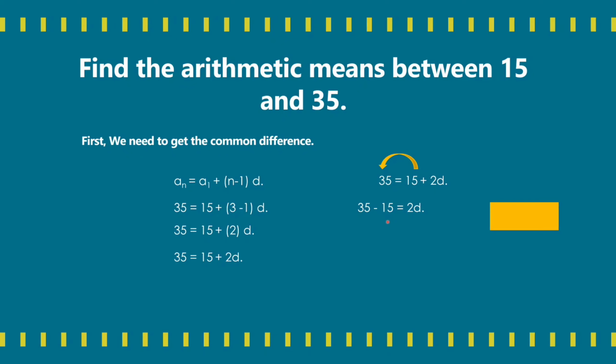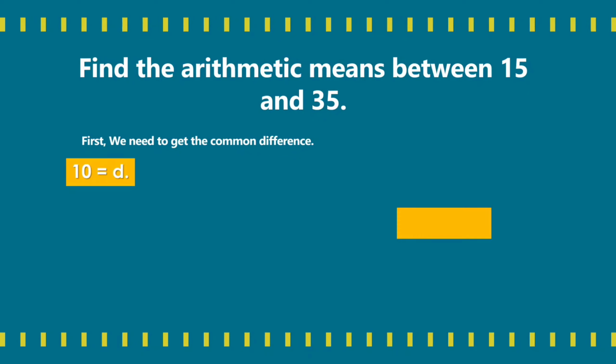So our equation becomes 35 minus 15 is equal to 2d. 35 minus 15 is 20. To get the value of d, we need to divide both sides by 2. The 2 over 2 is cancelled out, so we will just have the d. 20 over 2 is 10. So our d is 10.